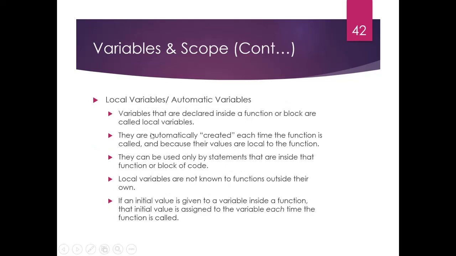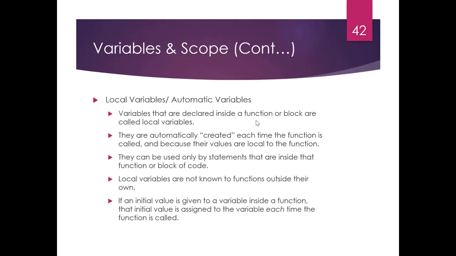Here, local variables are defined inside the function. Variables that are declared inside a function or block are called local variables. They are automatically created each time the function is called, and because their values are local to the function, they can be used only by statements inside that function or block of code.